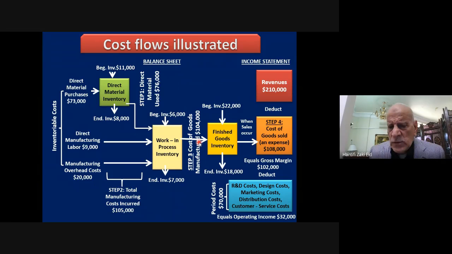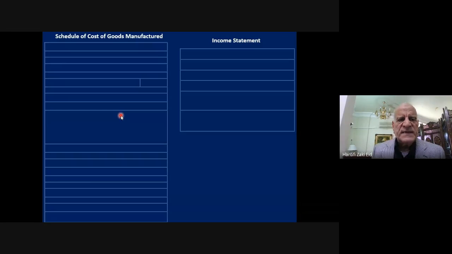Then finished goods during the period will be added to beginning inventory of finished goods, and from the sum we subtract the ending inventory of finished goods to have cost of goods sold. So let us now see these steps.